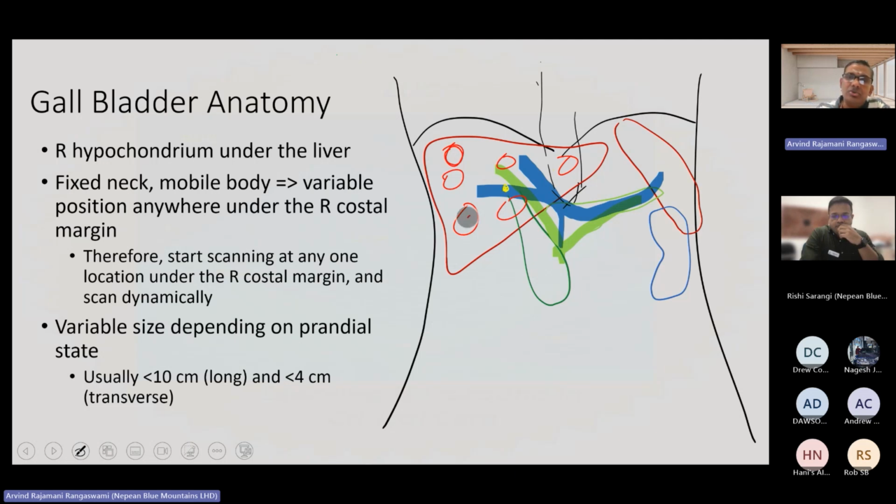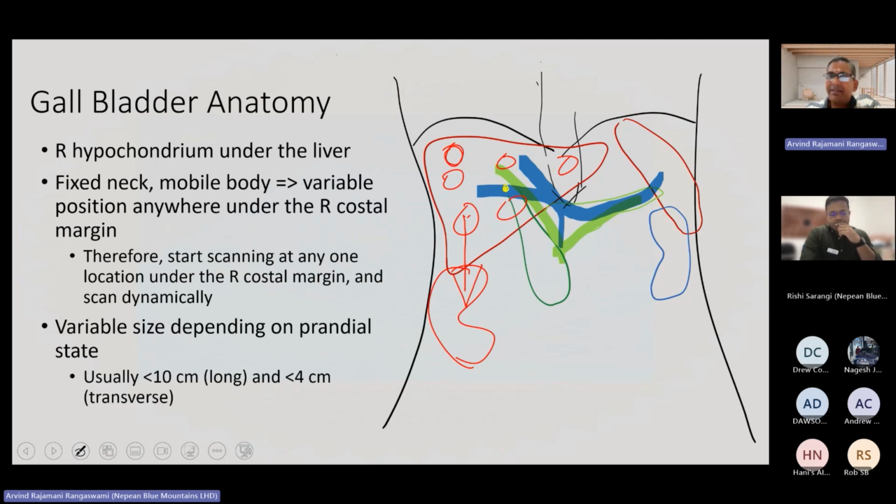What I often do is I go inferiorly in order to get the kidneys. And once I can get the liver and the kidney together, I know where exactly I am in the abdomen, what the anatomy is.